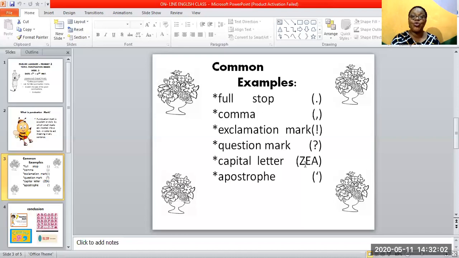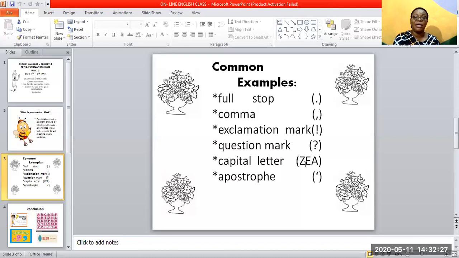The name of your street must start with a capital letter. Are we together? Are you getting me at all? Beautiful. Very good. It must begin with a capital letter. Dr. Kolawole Ashafa, that is a title.